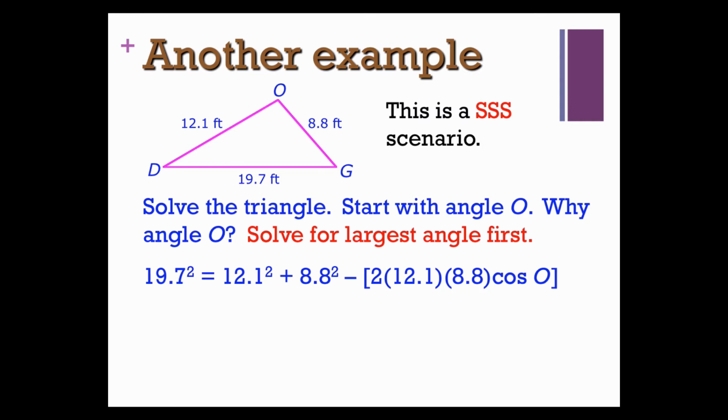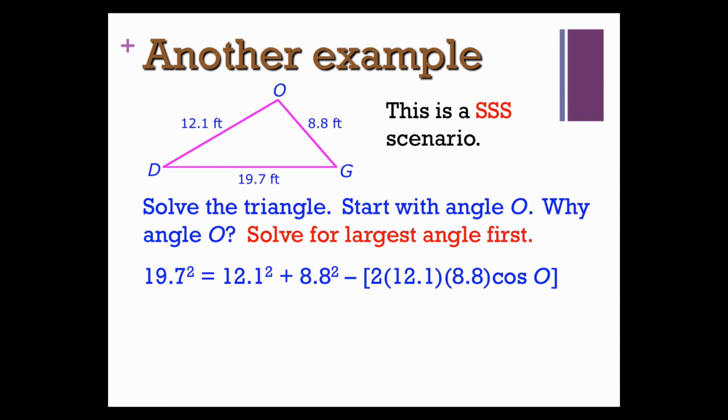Okay, you got the setup down. The most common mistake people make when solving this is they take 12.1 squared, add it to 8.8 squared, and get some number. Could somebody tell me what that number is? 223.89. Then they take 2 times 12.1 times 8.8, and subtract those two numbers.